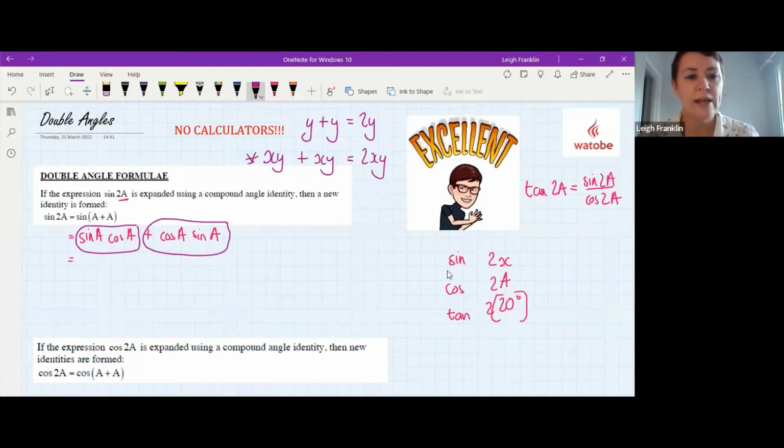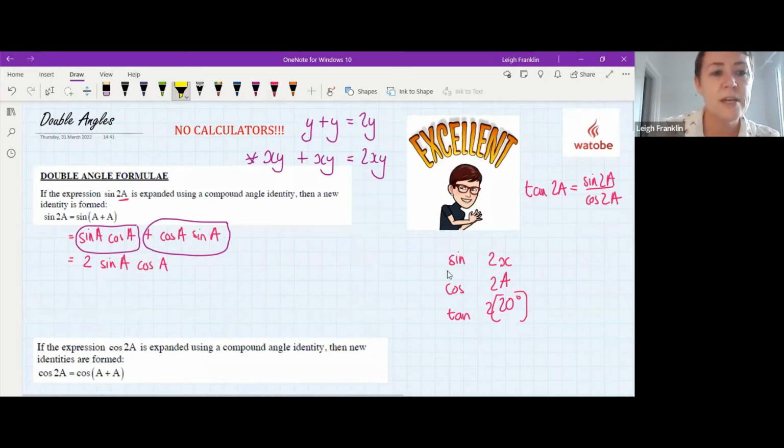And that's really what we've got here: sine a cos a plus cos a sine a. Sine a and cos a are being multiplied together, and then the two terms are being added. So that means that I have 2 of sine a cos a. And that's why sine 2a is equal to 2 sine a cos a. That's where it comes from.